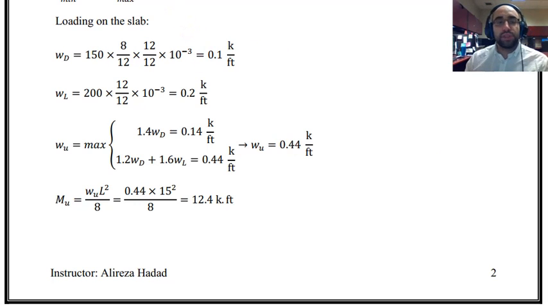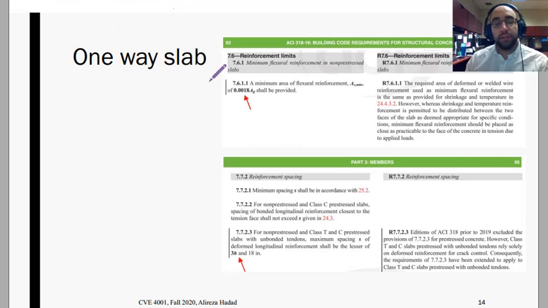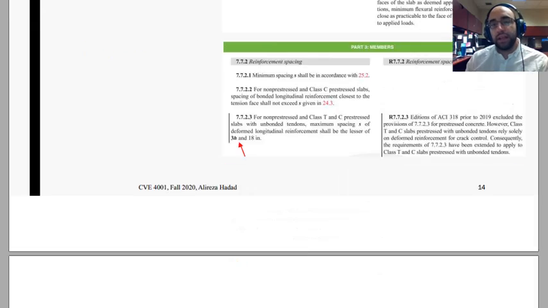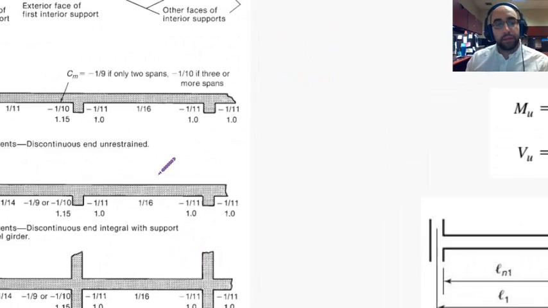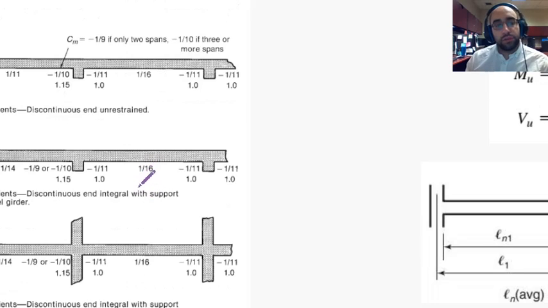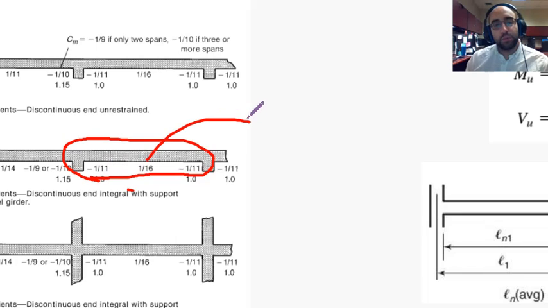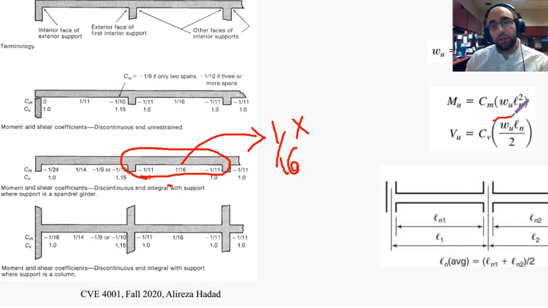If I were to continue to consider this as a continuous system, I would look at this graph. I would say, okay, I'm looking at the middle span, and based on this, the maximum moment is equal to 1/16 multiplied by, as you can see over here, WU ln squared.